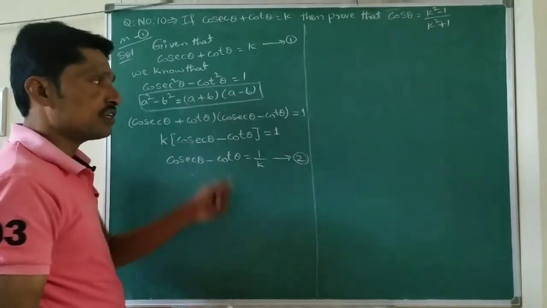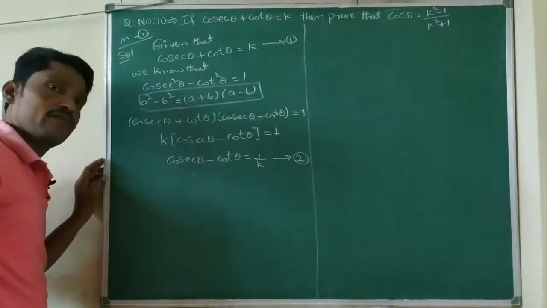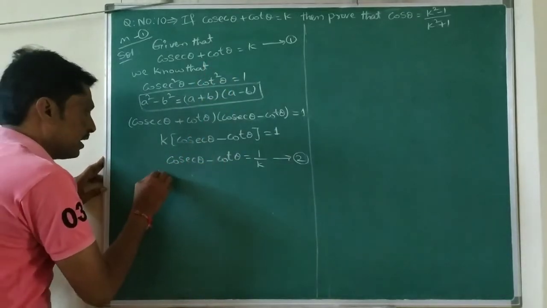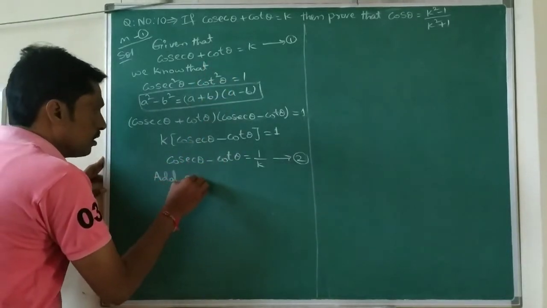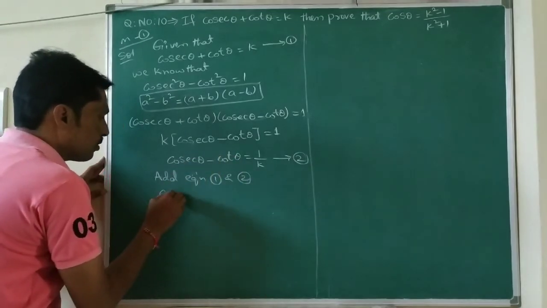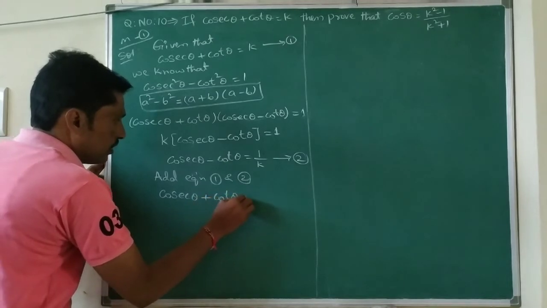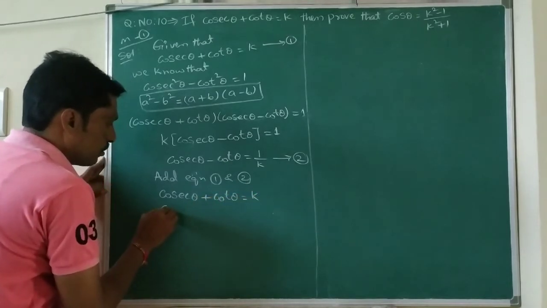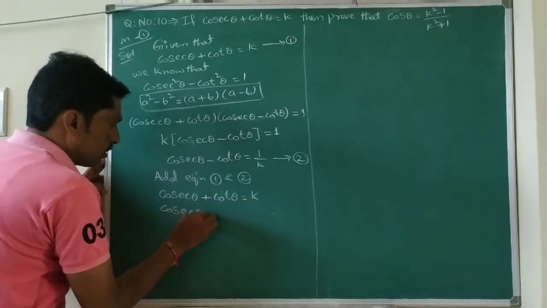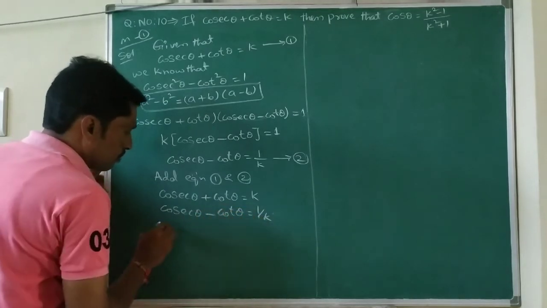If we are adding equation number 1 and 2, cot theta plus cot theta, minus cot theta, get cancelled. So add equation number 1 and 2. Equation number 1 is cosec theta plus cot theta equals k. Equation number 2 is cosec theta minus cot theta equals 1 by k.